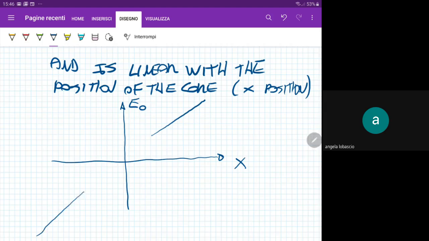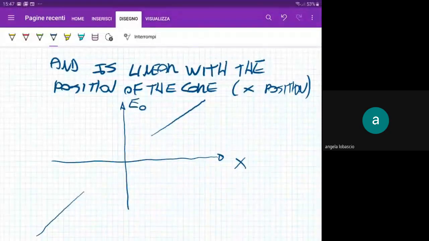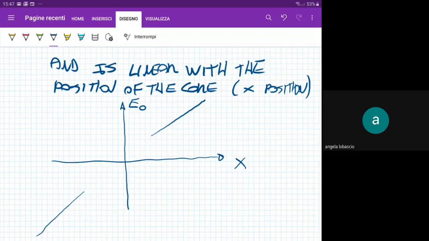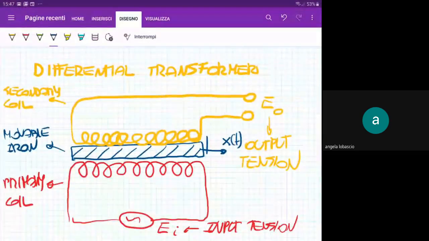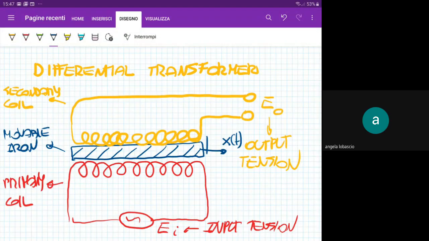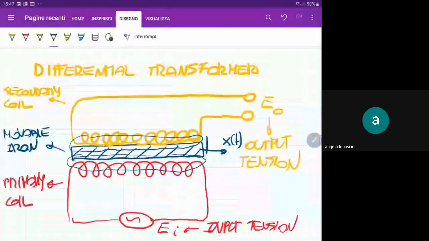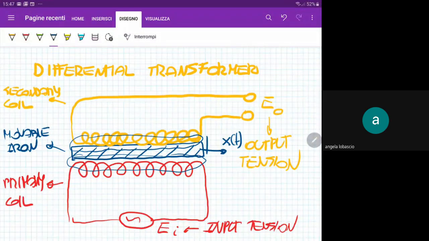However, we are in trouble when the position of the core is practically outside of the coils, the zero position. Why? Because, if you remember, going back here, the electromagnetic fields are practically constant inside the core, and they stay constant if this position is not that different with respect to this one.